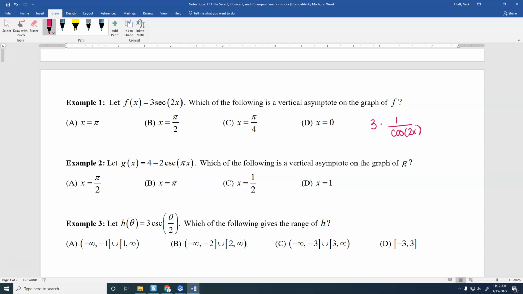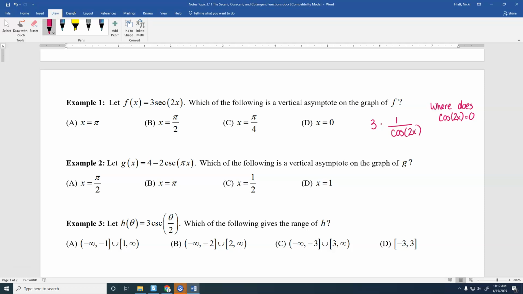So I want to think about that cosine graph equaling 0. I want to think about where does cosine of 2x equal 0 for this.